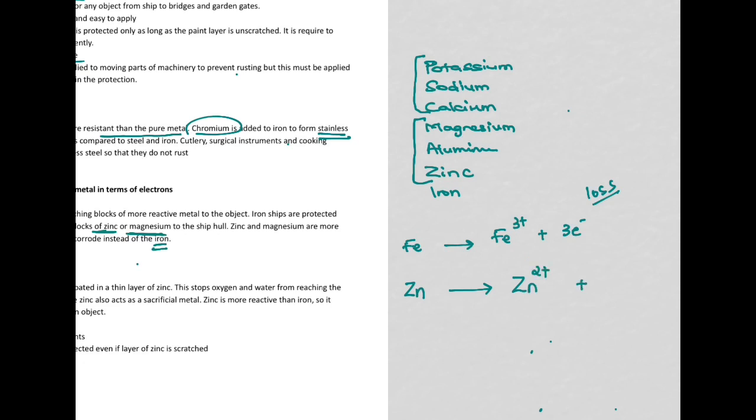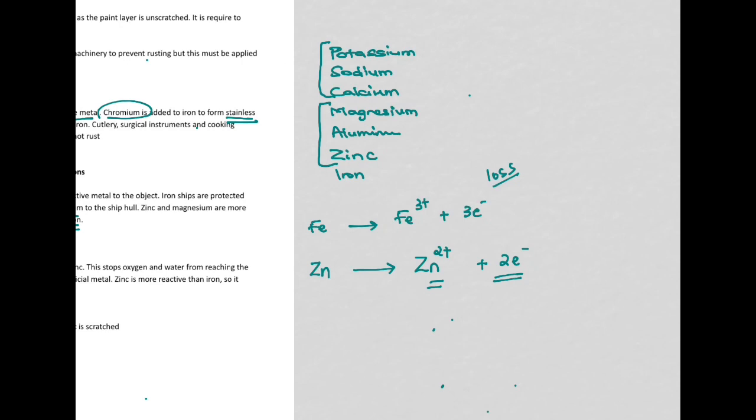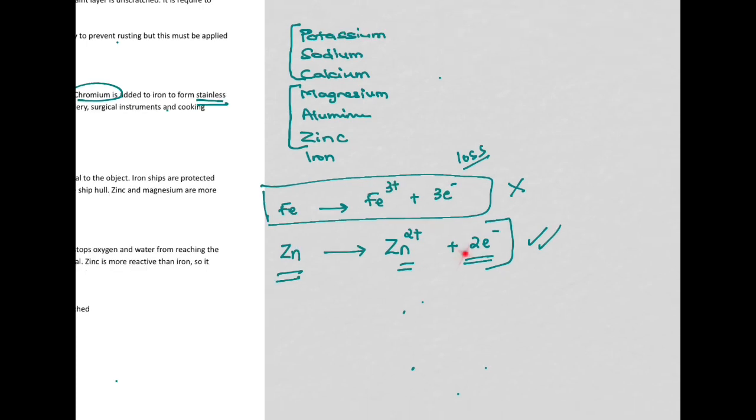So zinc forms Zn2+. Here the zinc is going to lose electrons instead of the iron. The iron reaction is not going to happen in the presence of zinc, because zinc is higher in the reactivity series and is more reactive, so this reaction will be favored. In the presence of these electrons, the iron is not going to undergo oxidation, so it stays as it is.